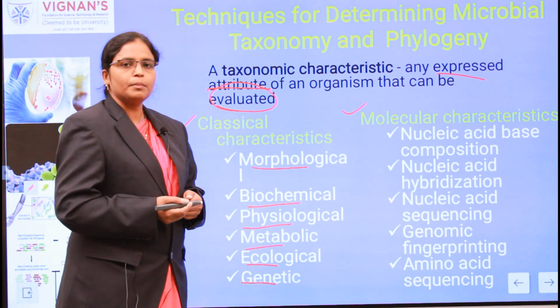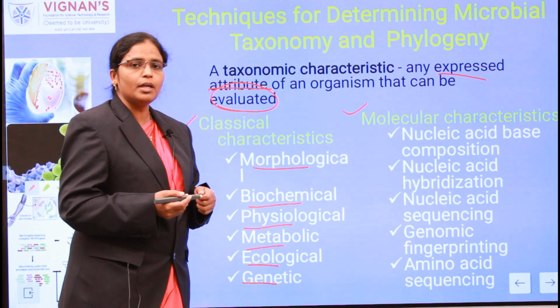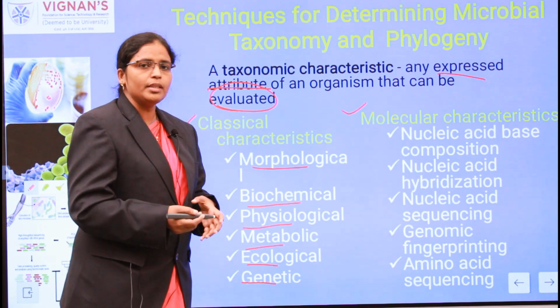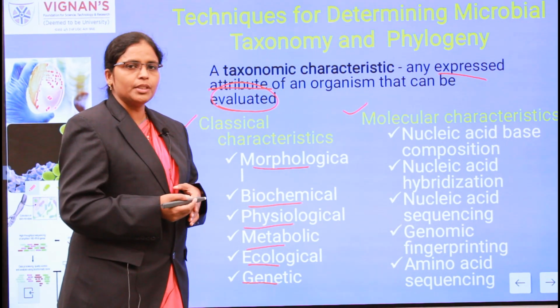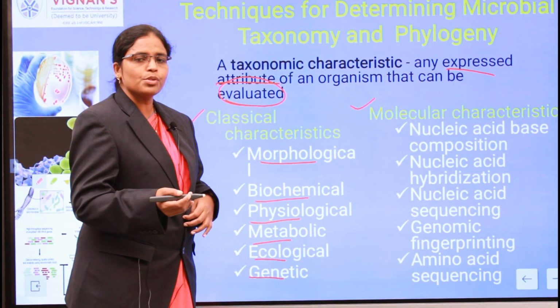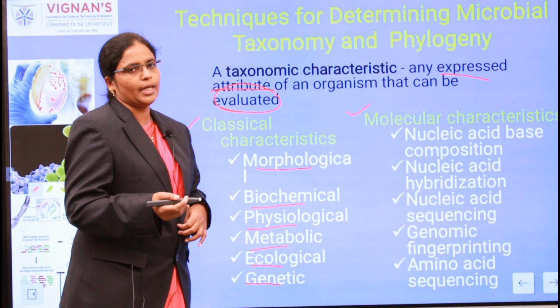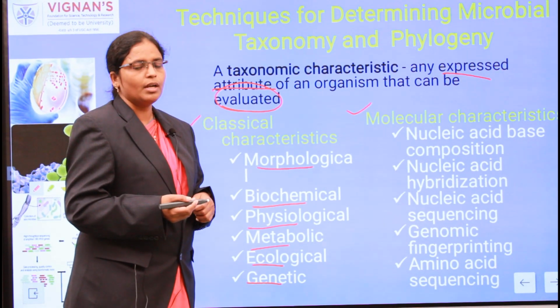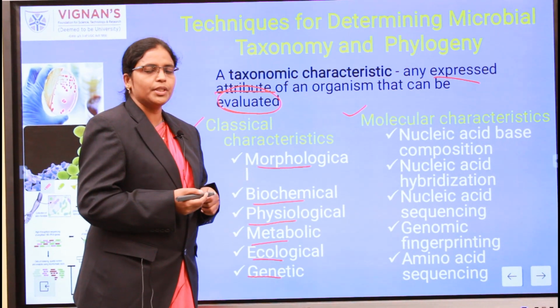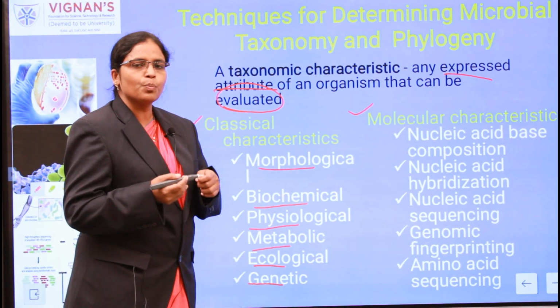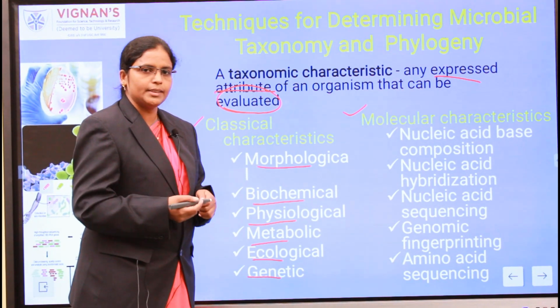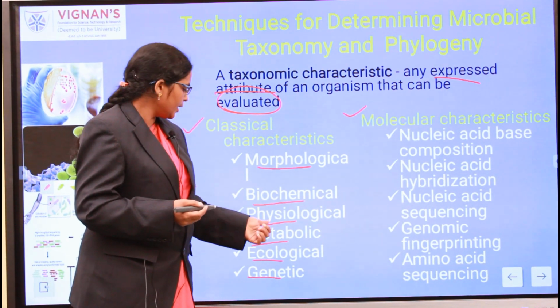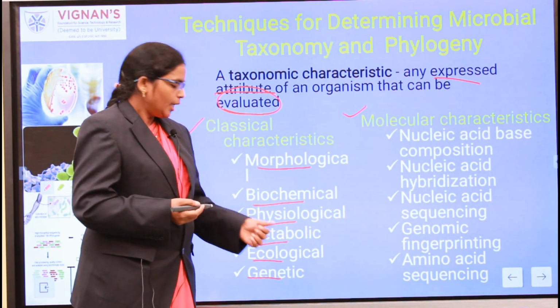Metabolic features are nothing but the enzymes involved in the biochemical reactions and the metabolites produced from the microorganisms. Primary metabolites are there, secondary metabolites are there. What are the metabolic reactions and what are the metabolites produced from an organism? That we will evaluate under metabolic.